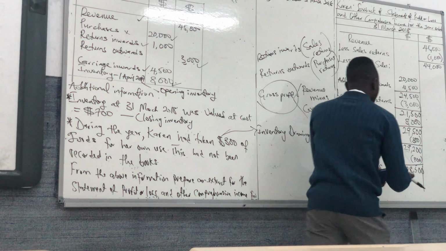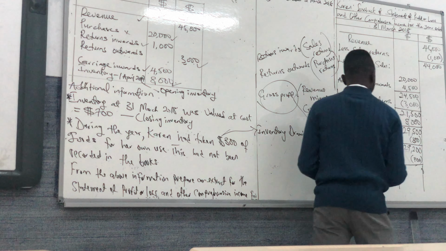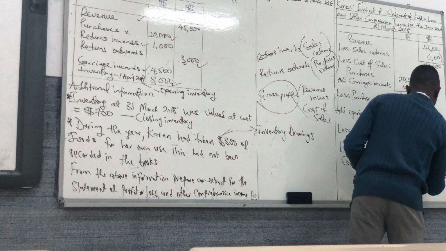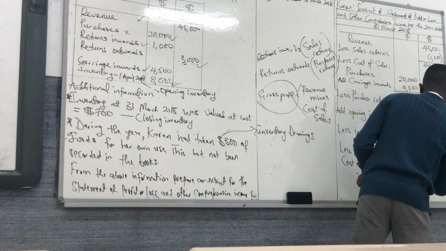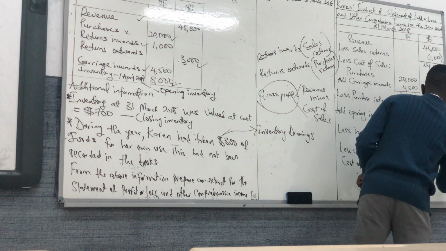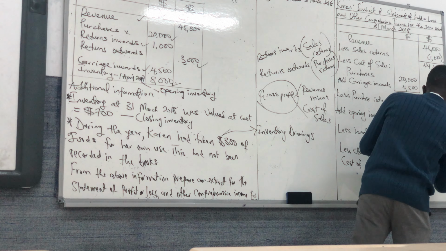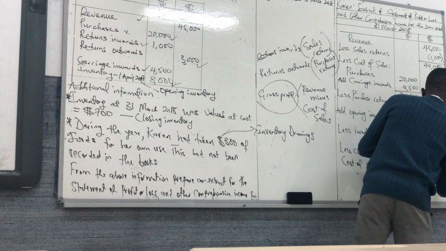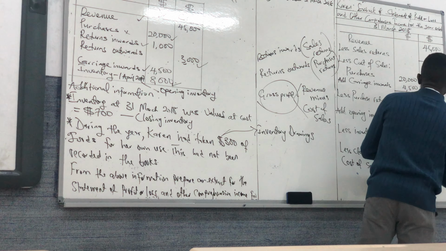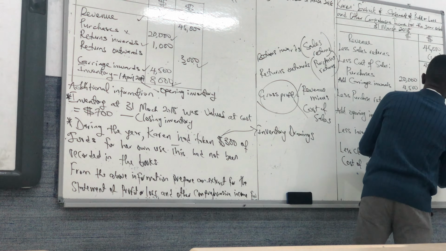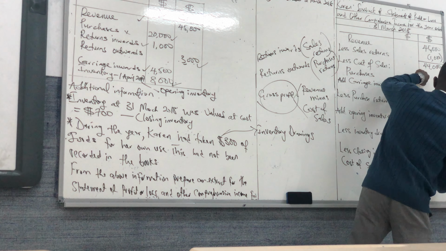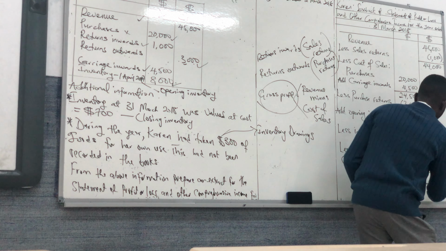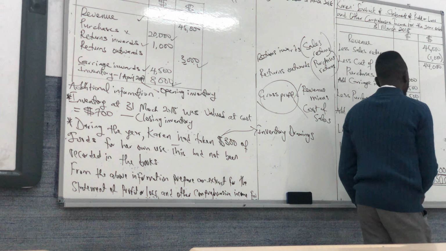So instead of writing it here, you write it under here. Our cost of sales is 28,500. So 44,000 minus 28,500, we have 15,500.